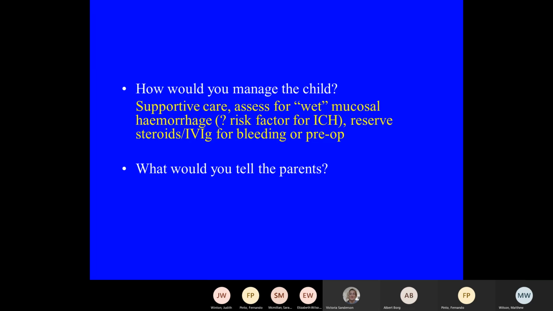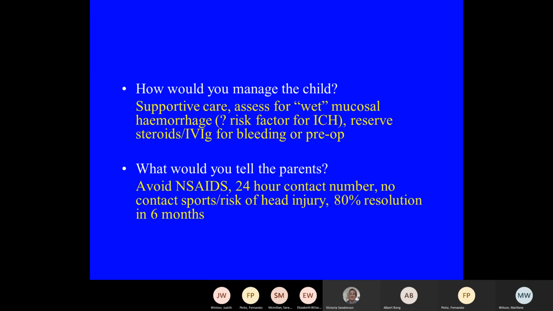What would you tell the parents? Next. So certainly not to make it worse, so avoid non-steroidal anti-inflammatories. Give them access to the hospital 24/7, so we can make a decision whether the child needs to be treated or not, and that the vast majority of them will resolve in 6 months. Next.